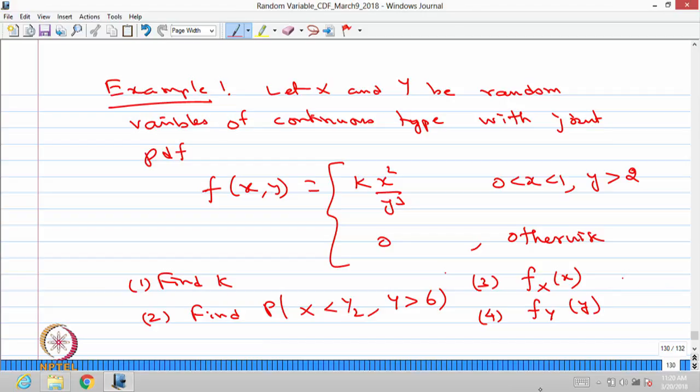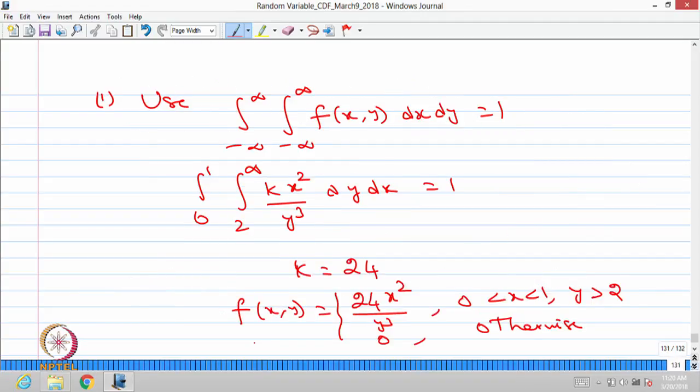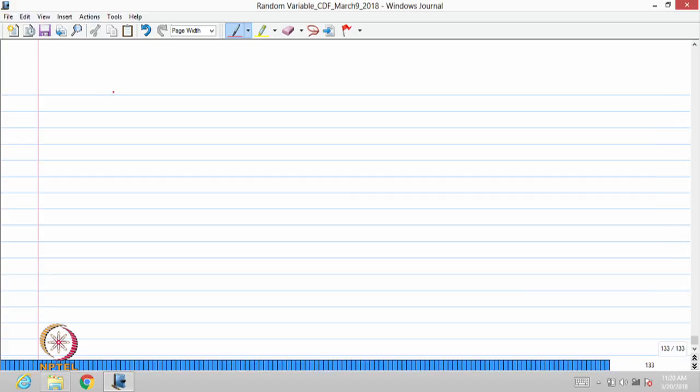So the next question is find out the marginal distribution of x, similarly marginal distribution of y. So third question, the probability density function of x is nothing but the integration of the joint probability density function with respect to y. And we know that the joint density is greater than 0 when y lies between 2 to infinity.